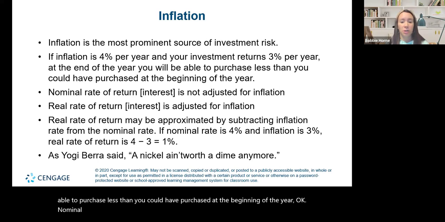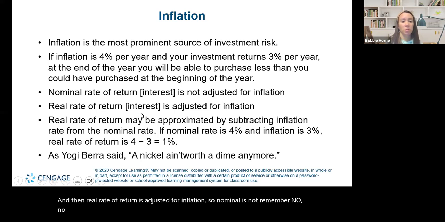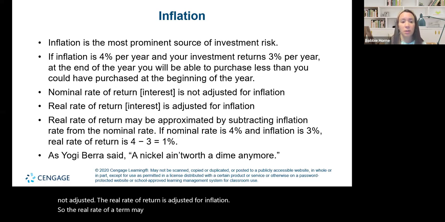Nominal rate of return is not adjusted for inflation, and then real rate of return is adjusted for inflation. So nominal is not, remember, not adjusted. The real rate of return is adjusted for inflation. So the real rate of return may be approximated by subtracting the inflation rate from the nominal rate.